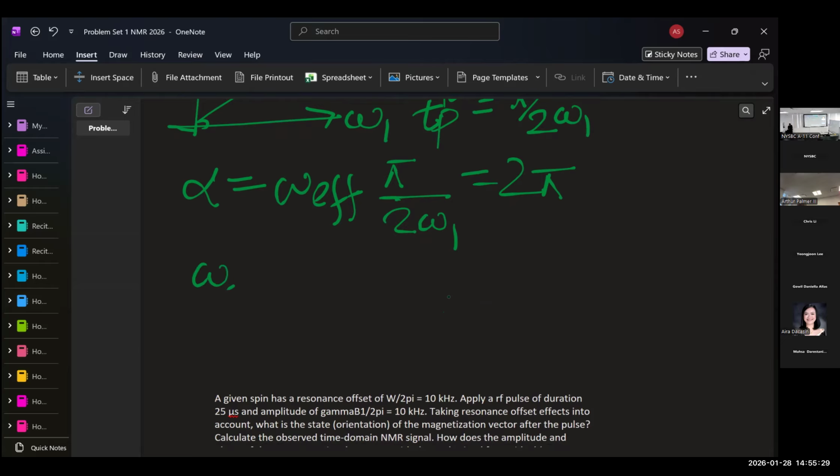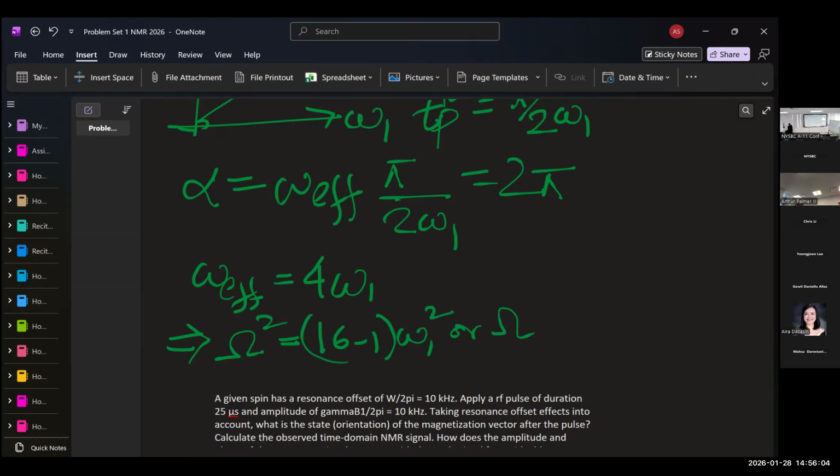So that gives me this. Doing it right? Then if you square both sides, you end up with... makes sense.